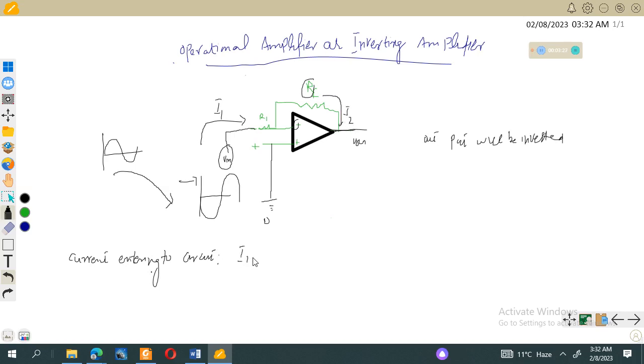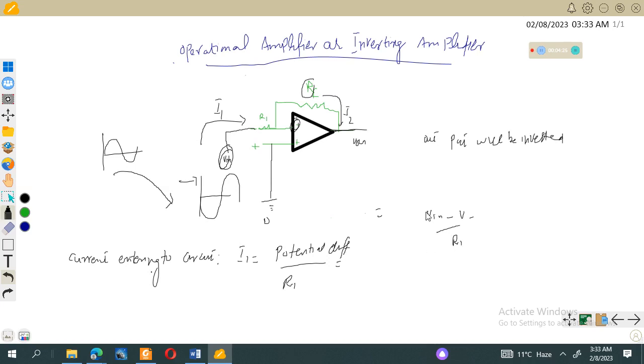So I1 will be equal to the potential difference divided by the resistance. The potential difference is the potential difference between these two points. So I1 is equal to V input minus V minus, divided by R1.